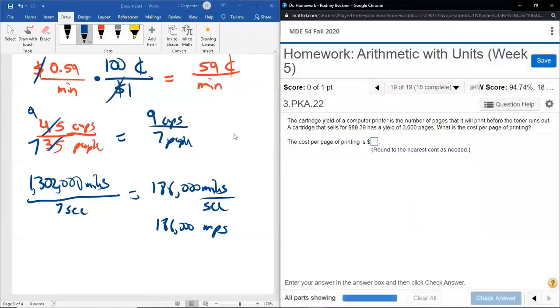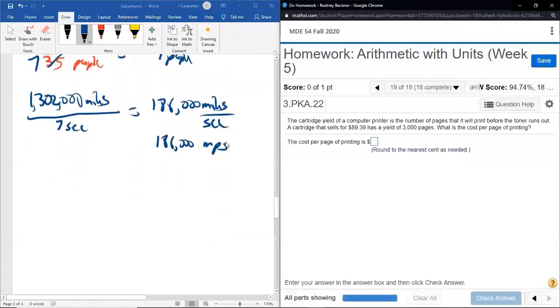All right, a cartridge yield of a computer printer is the number of pages that it'll print before the toner runs out. A cartridge that sells for $89.39 has a yield of 3,000 pages. What is the cost per page? Cost per page. Cost goes in the top, pages goes in the bottom.